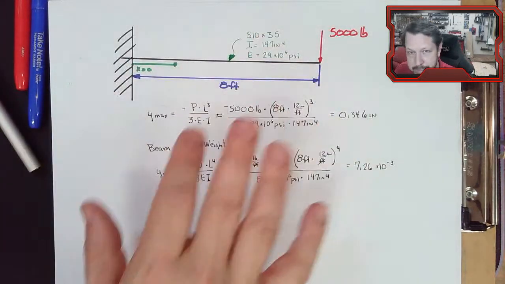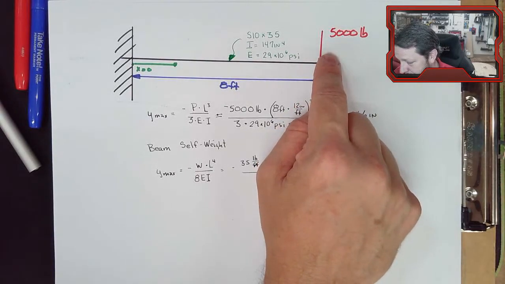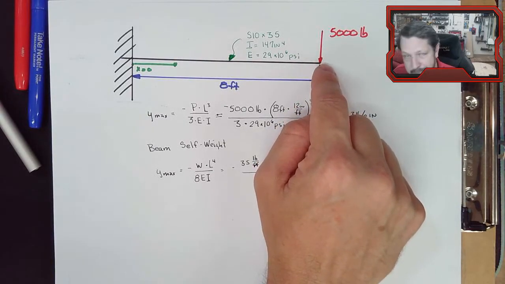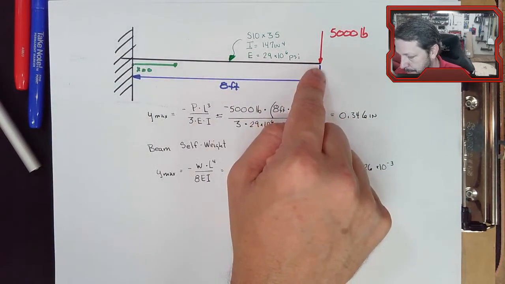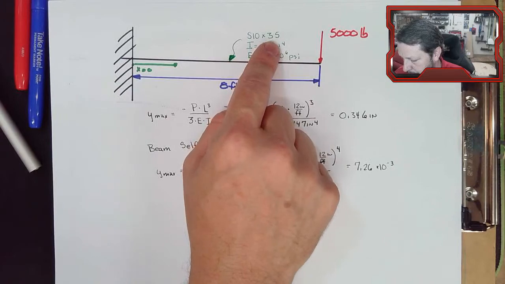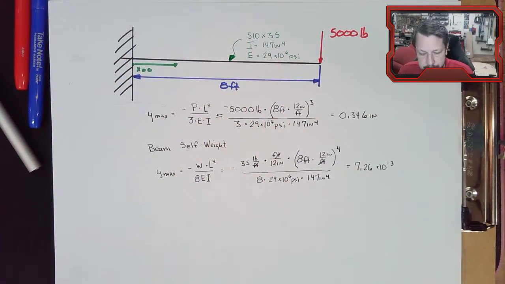So the whole beam does not weigh much compared to the 5,000 pounds. I've got the 5,000 pounds concentrated at the very end of the beam, so that's the worst place to put the load on a cantilever beam. And the 35 pounds per foot is spread over the entire beam. So I don't expect a large amount of deflection there.